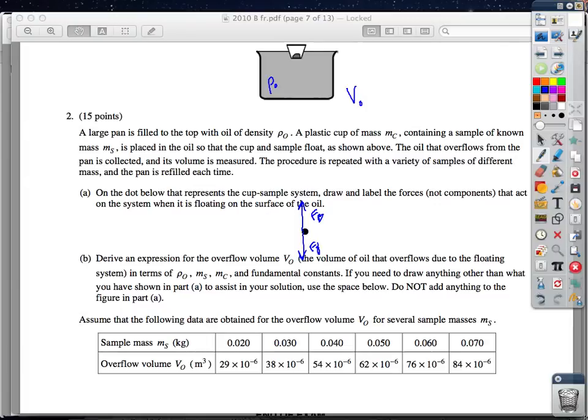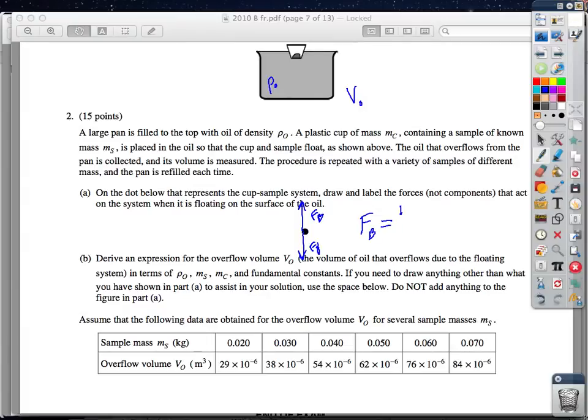And then derive an expression for the overflow volume due to the floating system. So the overflow volume is just going to be a function of F_B, right? That's the buoyant force, because whatever you put in there displaces fluid. What is the definition of buoyant force?